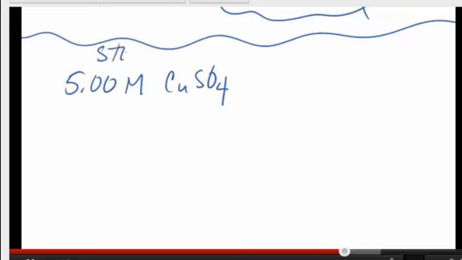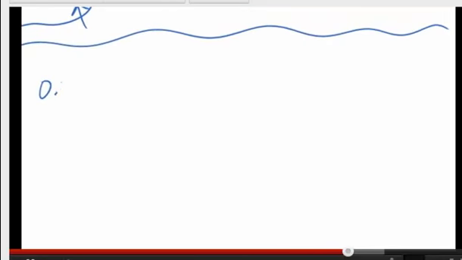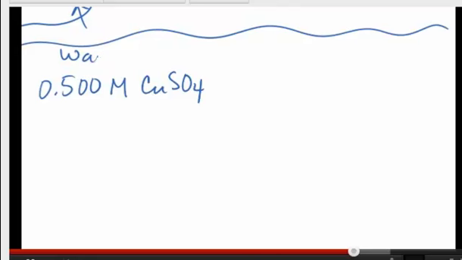So this is my stock solution. This is what I just found on the shelf. But when I look at my lab, it tells me that I need to have 0.500 molar copper 2 sulfate. So this is what I need in order to do my experiment.